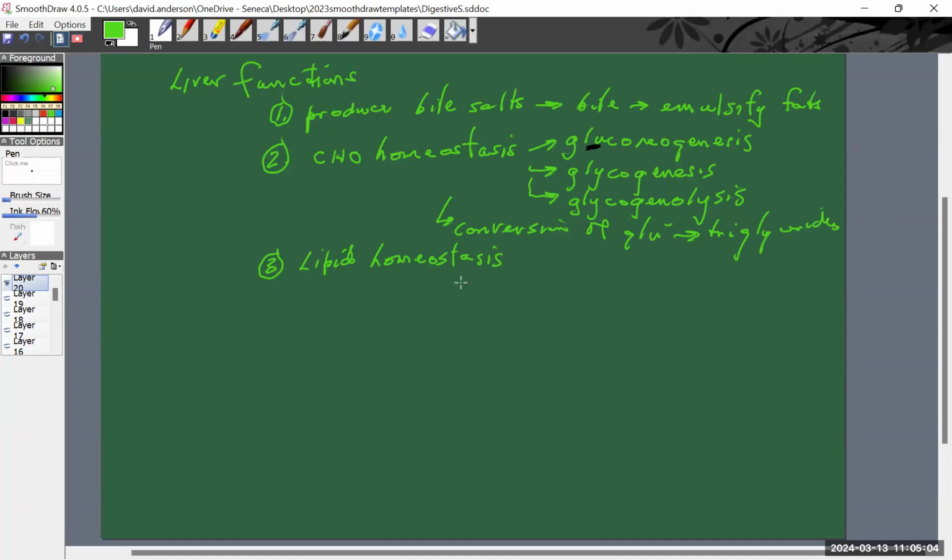So we know that in lipid homeostasis, we can promote the storage of triglycerides. We can break down fatty acids to make those fatty acids available for ATP production.